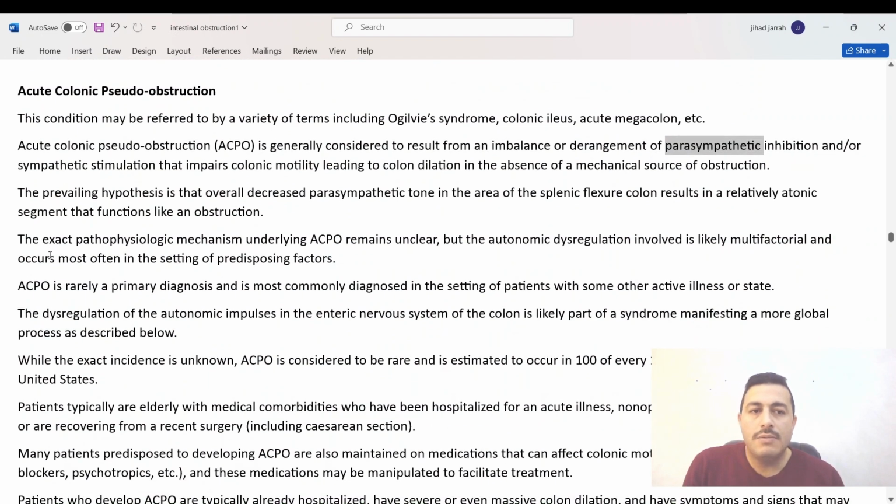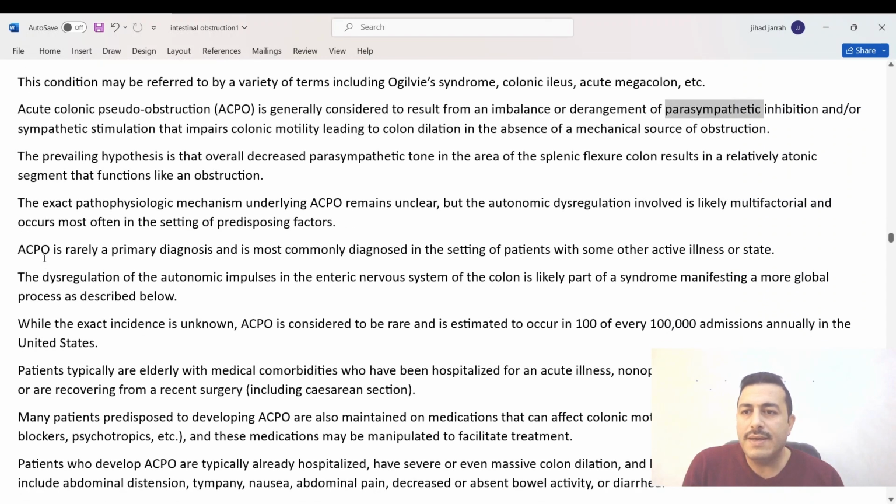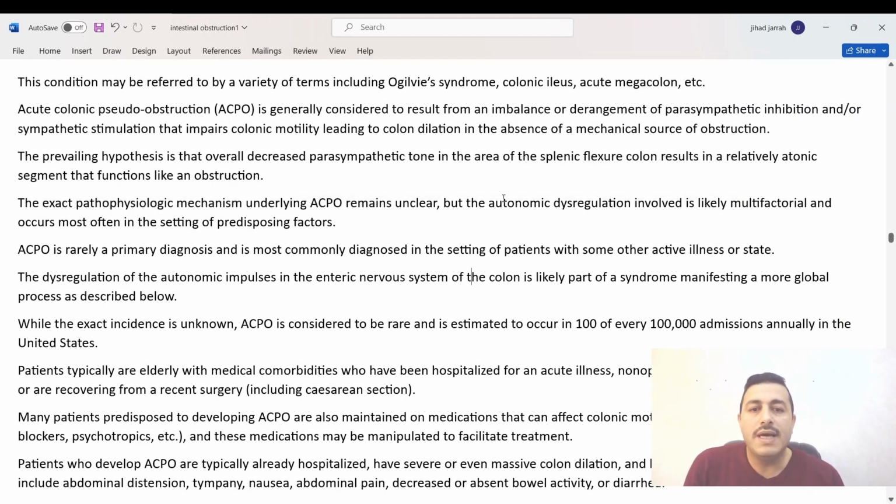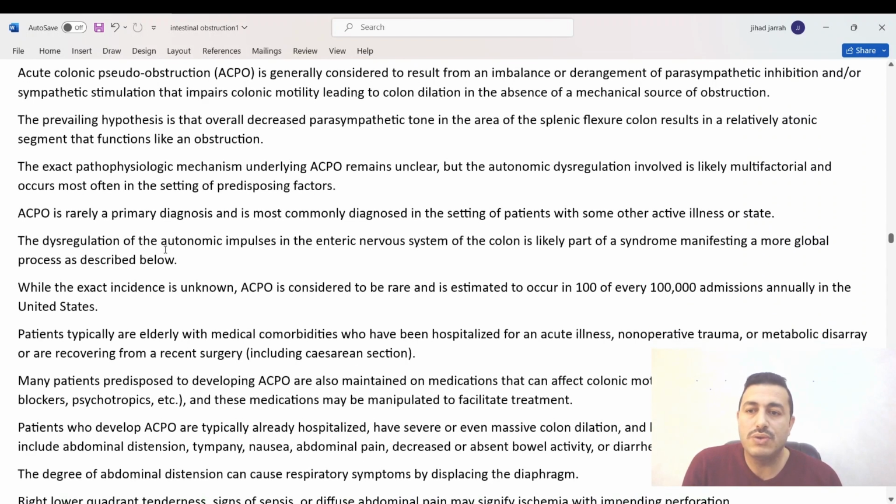Okay, what else can we add? Here they said that the exact pathophysiology is not clear, but autonomic dysregulation is likely, and multiple causes or factors can predispose to this entity.